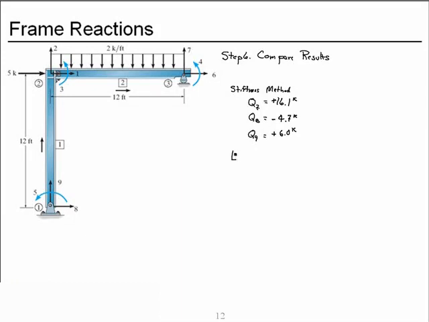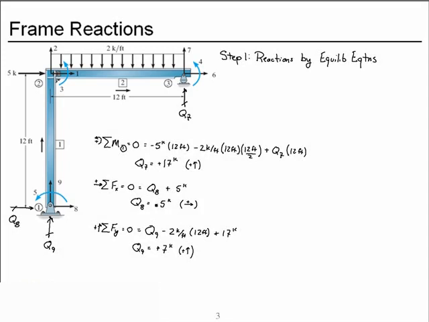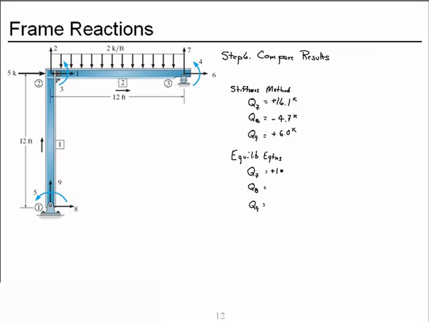Then from equilibrium equations, we calculated those same reactions to be 17 kips, minus 5 kips, and plus 7 kips. And these results should match exactly, but they don't.